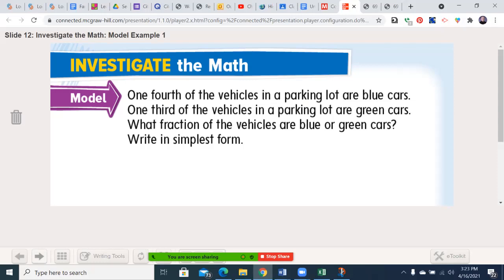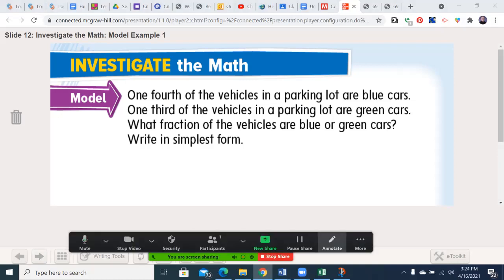1/4 of the vehicles in a parking lot are blue cars. 1/3 of the vehicles in a parking lot are green cars. What fraction of the vehicles are blue or green cars, in simplest form?